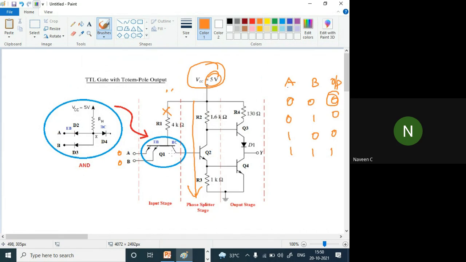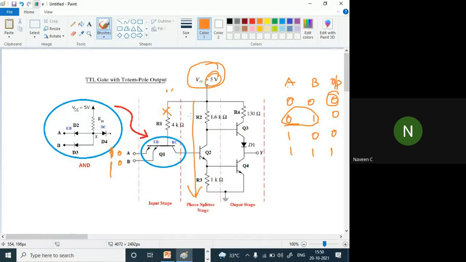Similarly, if you give the next condition 0 1, again one of the emitter inputs to the transistor is 0, so this transistor won't conduct and the output will again be 0. Only when you give 1 1 will this transistor conduct.